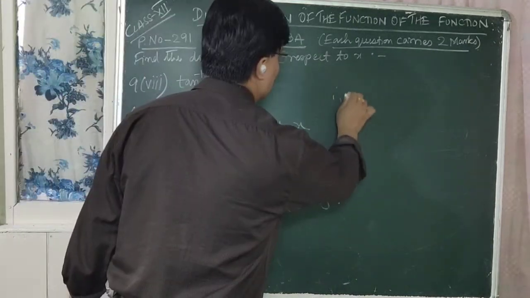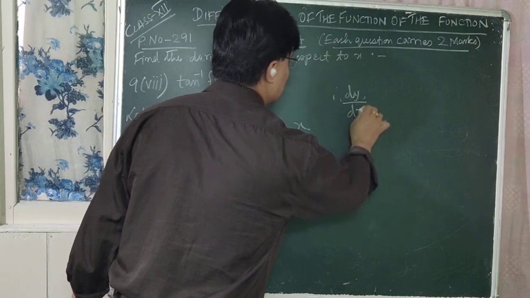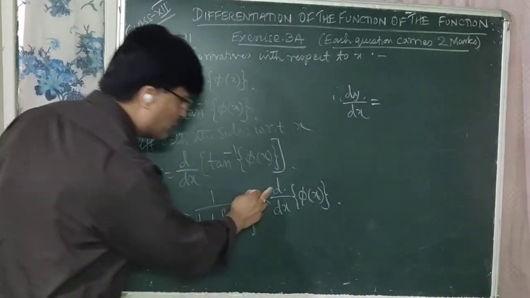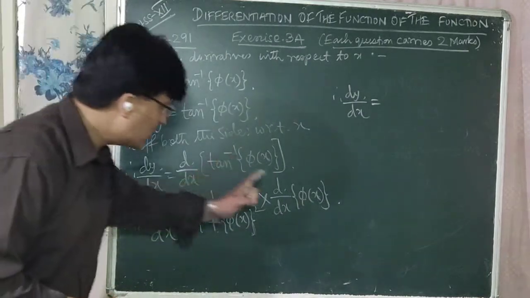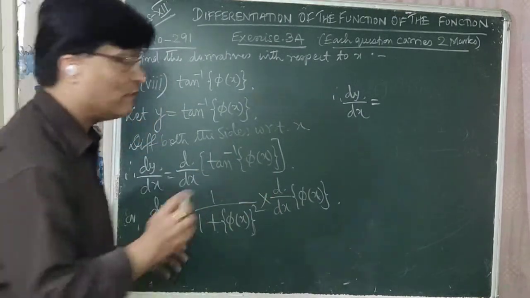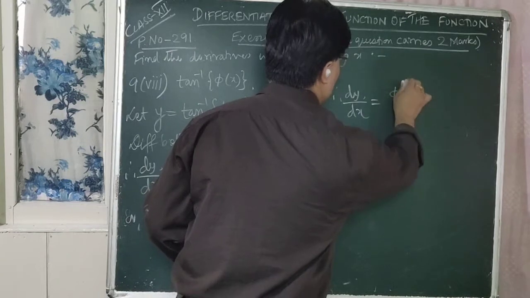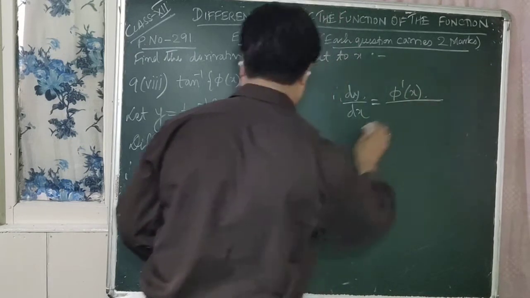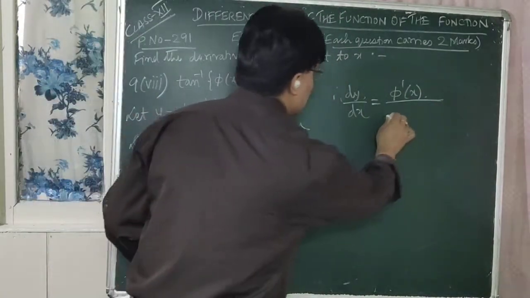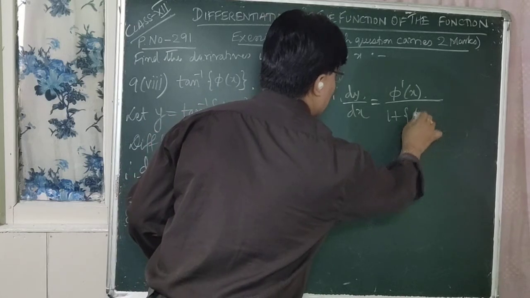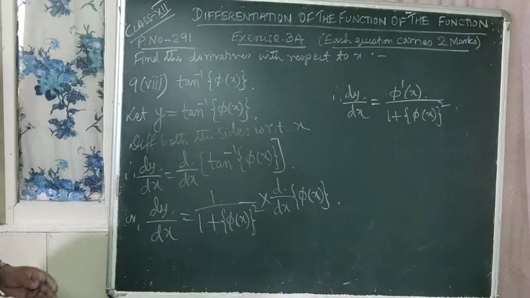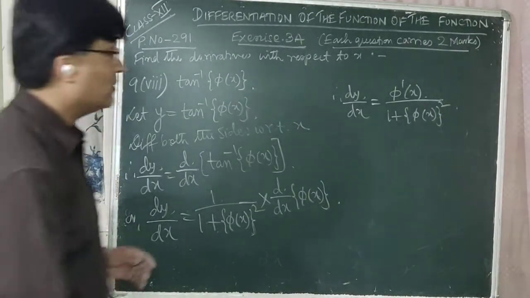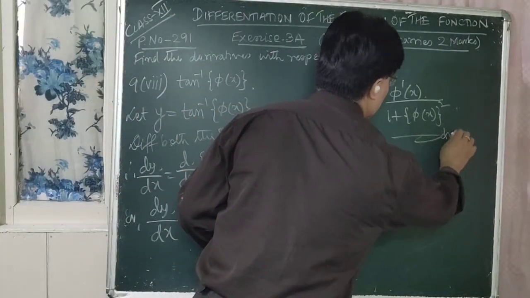So therefore dy by dx is equal to, into this one, phi dash of x. So let us write phi dash of x whole divided by what? It is 1 plus, within second bracket, phi of x whole square. So this is the final answer, right?